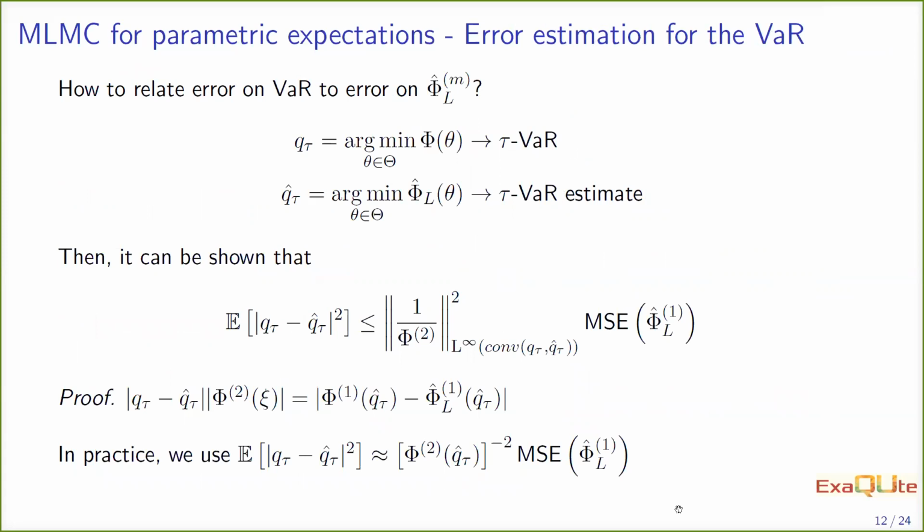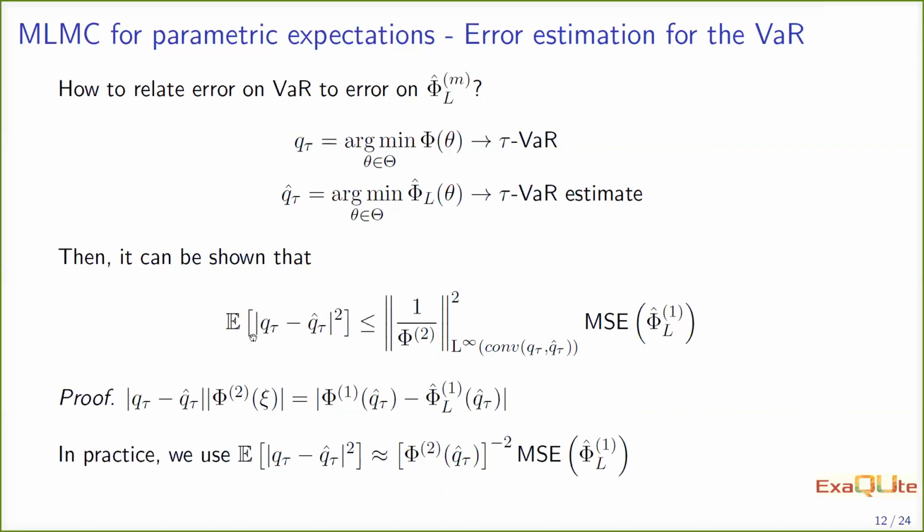Lastly, now we have all of the ingredients for estimating the mean square error on the function derivative. How do we relate the mean square error on the VaR and the CVaR to the mean square error on this function? So let q tau denote the true VaR and q tau hat denote the VaR estimate. Here we present the results for VaR, but similar results exist for the CVaR as well.